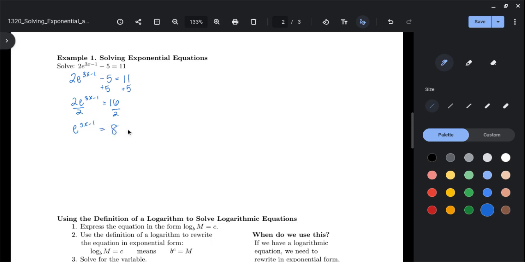So now we have our term e raised to our exponent with our variable in there by itself. So now the next step was we are going to take either the common log or natural log of both sides. And in this case, it makes the most sense to take the natural log since our base is e. So go ahead and do so.